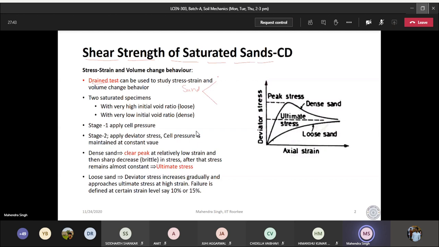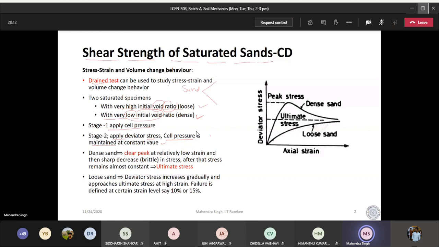One soil has a very high initial void ratio, so it is loose. Void ratio is high, that means it is loose soil. Another soil is the same type of soil, but the void ratio is very low, that means it is dense soil.